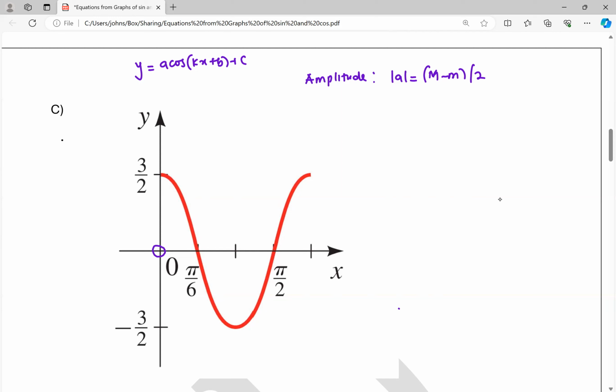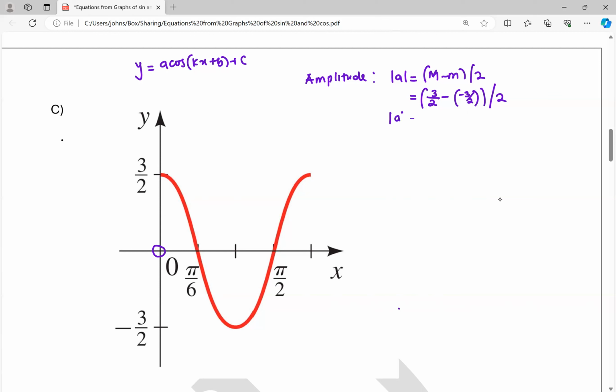This is equal to 3 over 2 minus minus 3 over 2, all divided by 2.